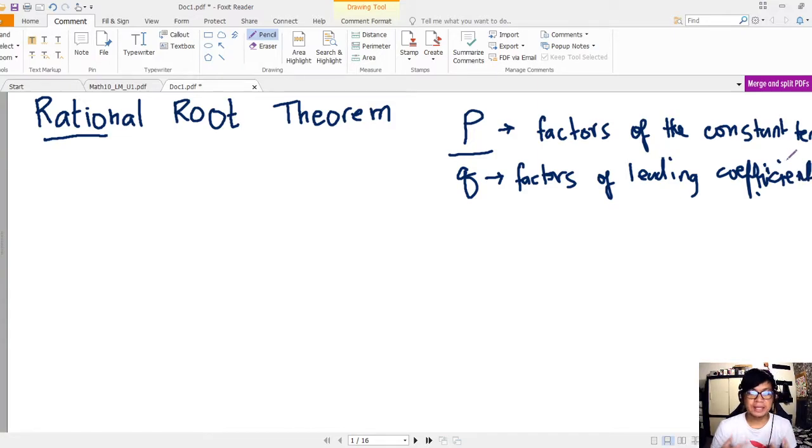So yun yung tatanda natin when we say rational root theorem, that's P over Q, where P are the factors of the constant term and Q are the factors of the leading coefficient. So this ratio, we're going to use that as our basis, as our trials in identifying the real roots of a given polynomial equation. So let's have an example.